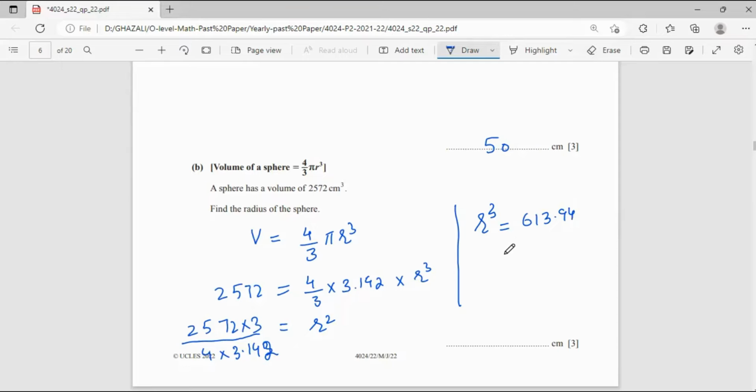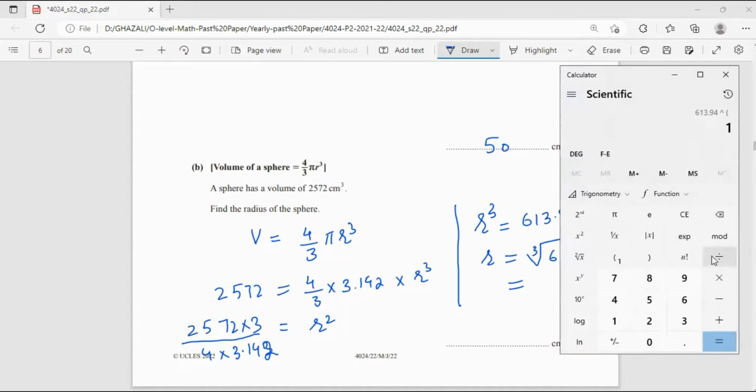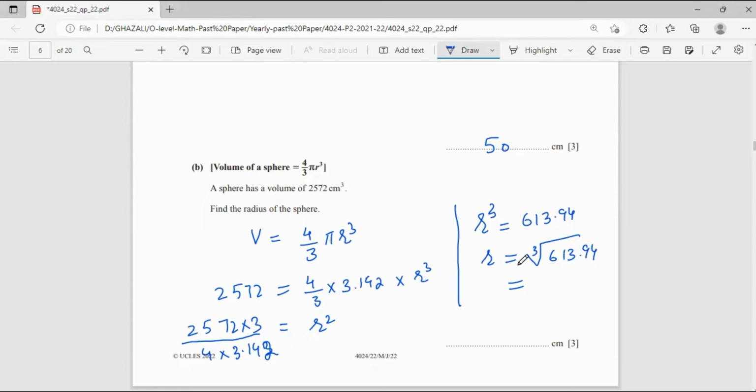So r cubed is 613.94, and we take the cube root of this value. The cube root of 613.94 is equal to 8.5. That's okay. Continue to this.